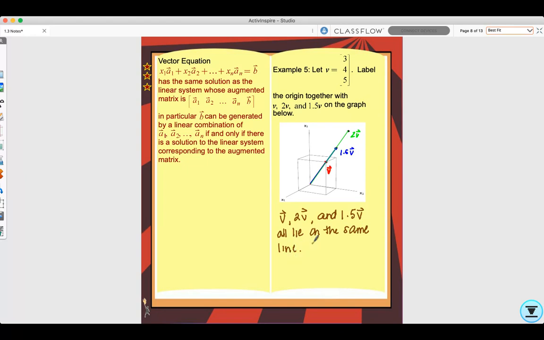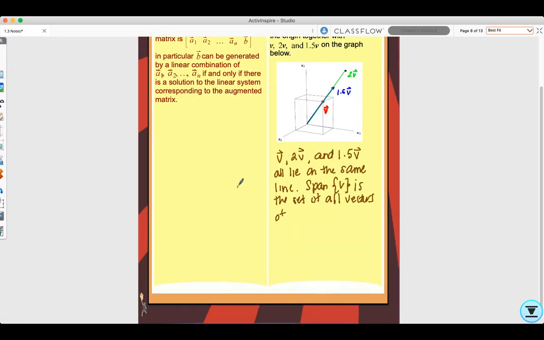Span v is the set of all vectors of the form c times v, where c is some constant. And here, span v is a line through the origin.